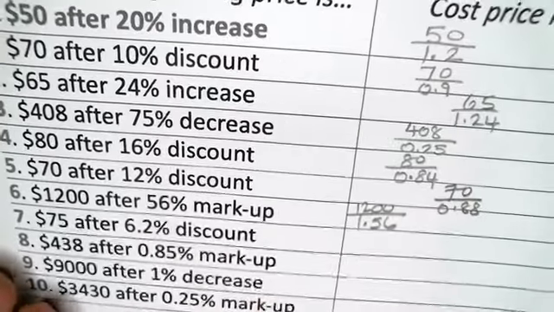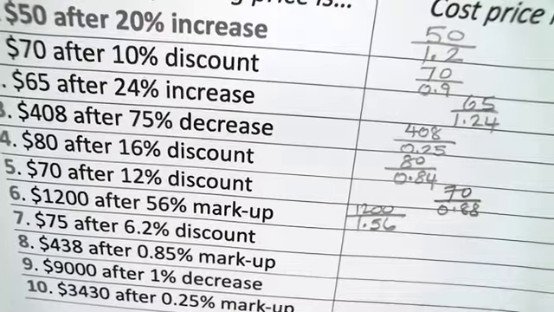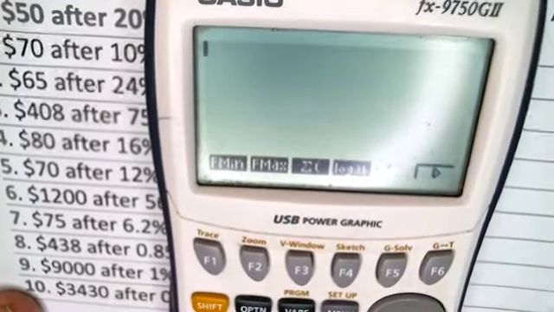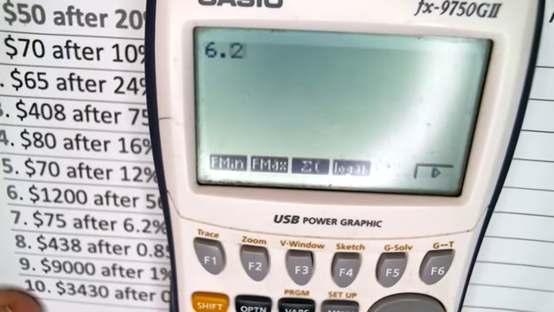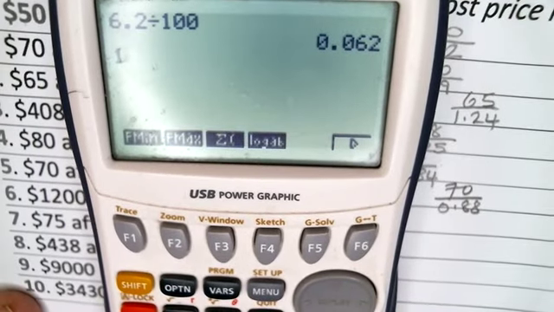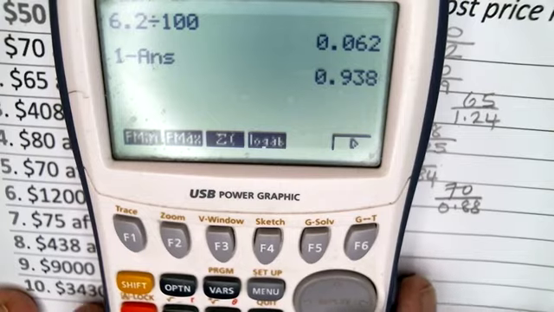A discount of 6.2%. If you're not sure how to do these, you're thinking, well, what on earth is that? Let's have a look. I've got my 6.2, I divide it by 100 and take that off 1. So I've got 1 minus that, and it's 0.938.